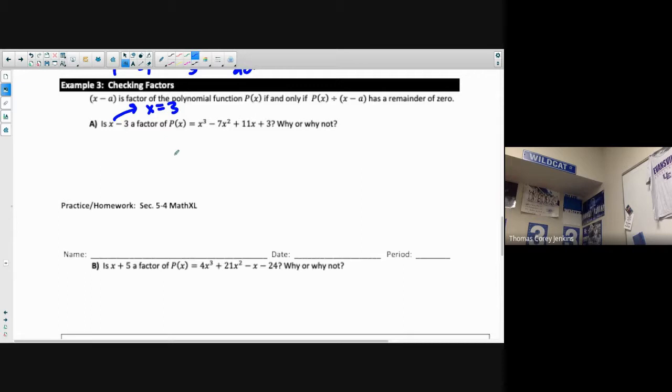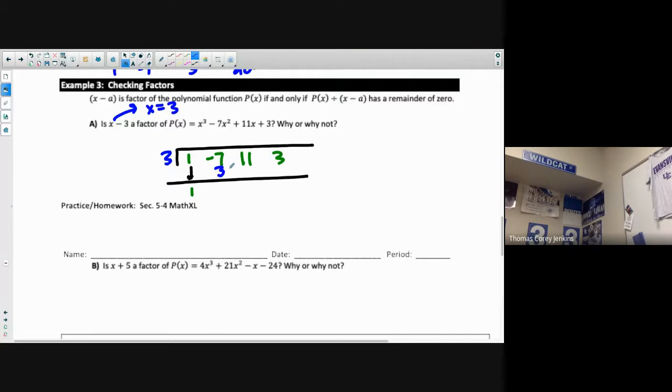So we're going to go 3 into 1 for the x cubed, minus 7 for the x squared, plus 11 for the x, and then 3 for the constant. Okay, so we bring down the 1. That's a 1. 3 times 1, 3.